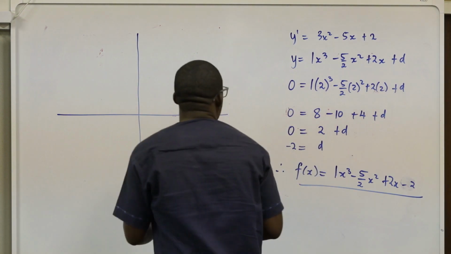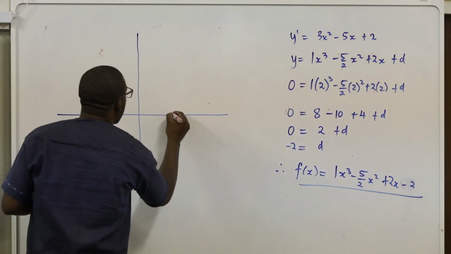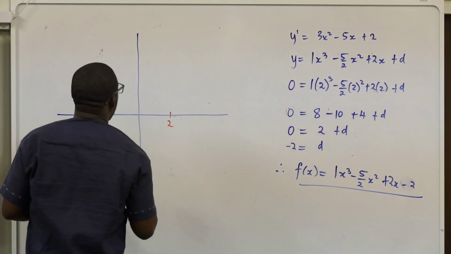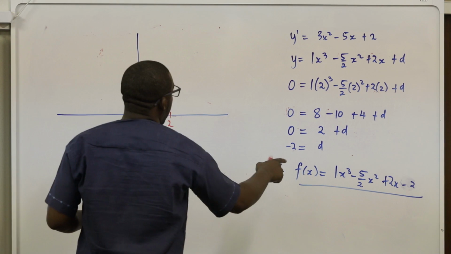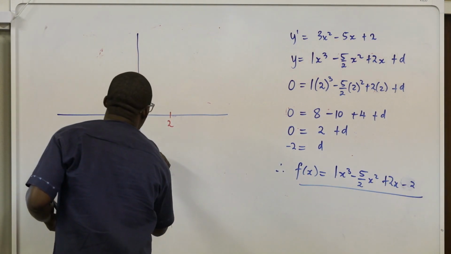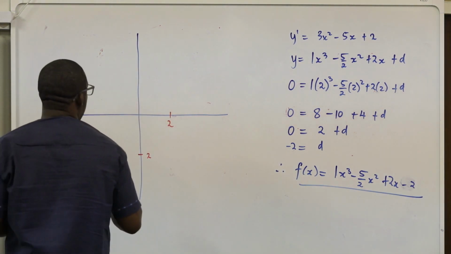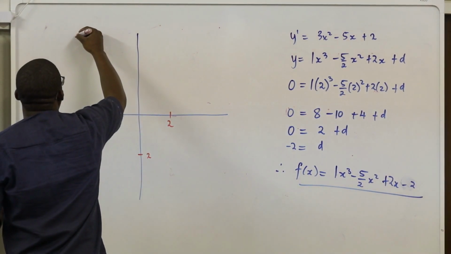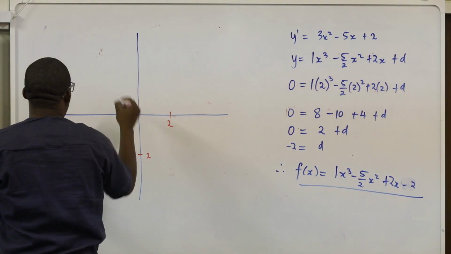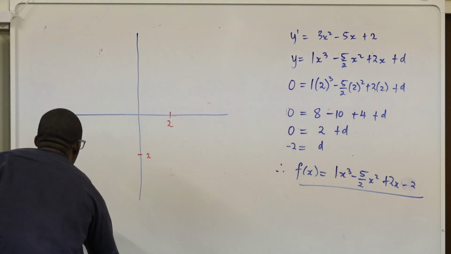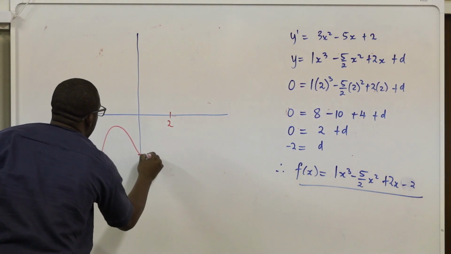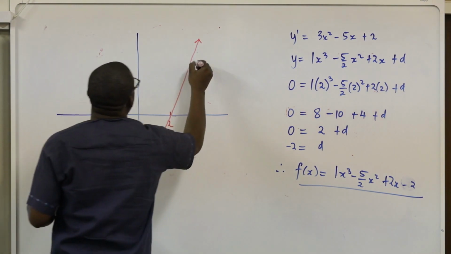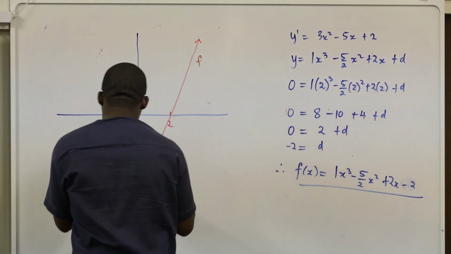Okay, cubic function. First point is at minus 2, so the graph, which is smiling, has got minus 2 here. And the other point is at 2. It turns and goes. This is f.